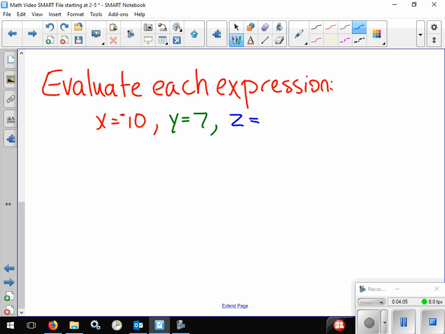I'll write it in red, negative 8. Okay, so that's a negative sign. So when it says evaluate this expression, what does that mean?